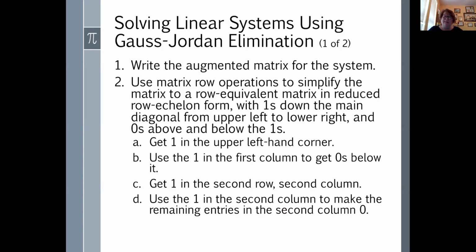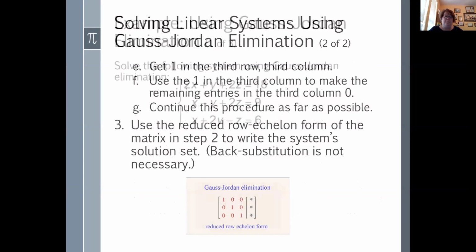And when you use Gauss-Jordan elimination, you put your matrix in what's called reduced row echelon form. The main diagonal is 1, everything else is zeros, so you should be able to just look at the matrix in reduced row echelon form and determine what z, y, and x are. Let me show you what I mean here.